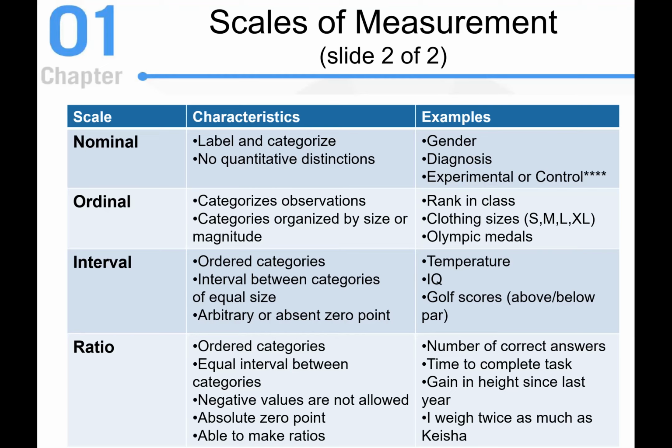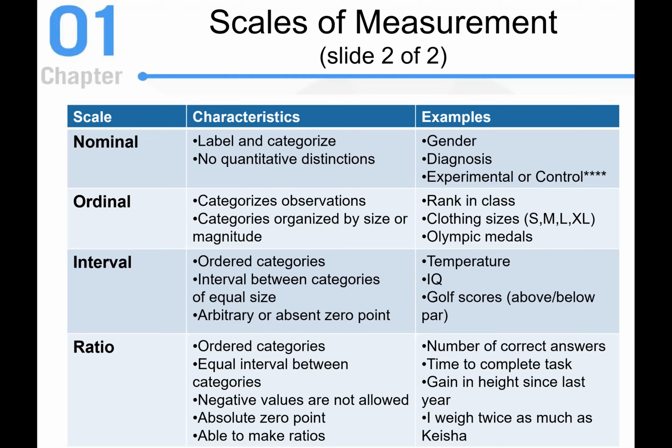Another example of a ratio scale is the gain in height. Since last year, you can gain 0 in height. You can't go backwards in height. It's not Benjamin Button. You're not getting smaller, all right?